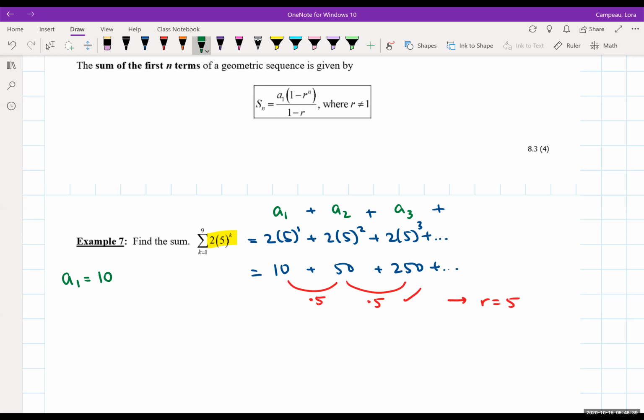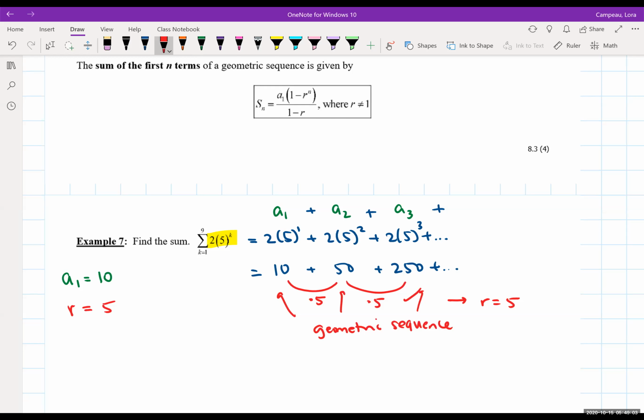I was also able to determine that I do have a geometric sequence of terms, since I was able to multiply by the same number to get subsequent terms. So that tells me right away I have r equals 5.